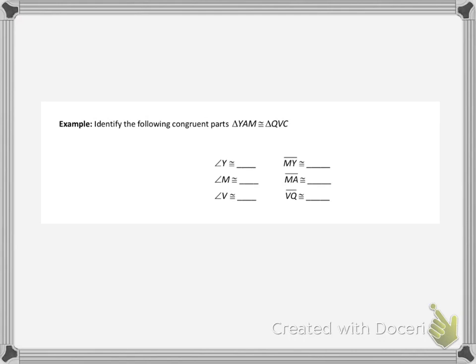All right, so if we have a congruent statement, the first angles are congruent, so angle Y is congruent to angle Q. Angle M is congruent to angle C. Those are the last letters in each triangle. Angle V is congruent to angle A. Line segment MY goes from the last to the first, so we just pick off the corresponding parts of this one, would be congruent to line segment CQ.